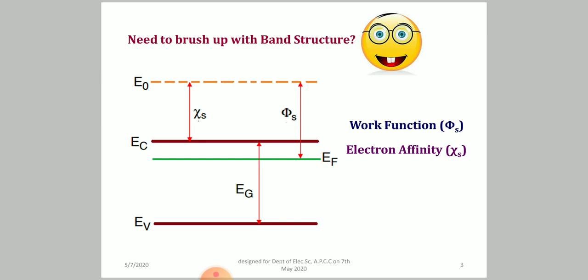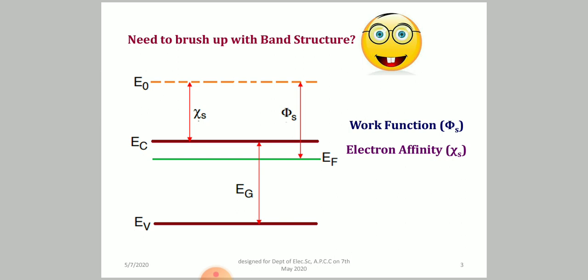Whereas work function is the amount of energy required to liberate an electron from the Fermi level to the vacuum level.